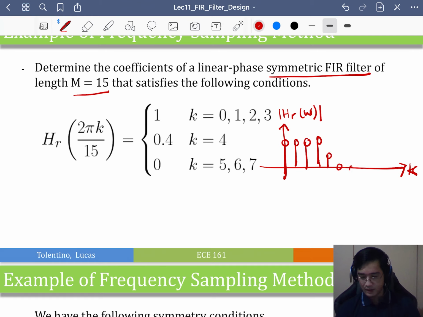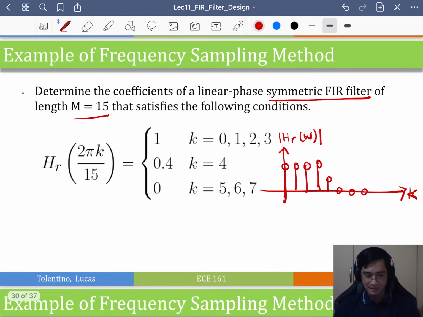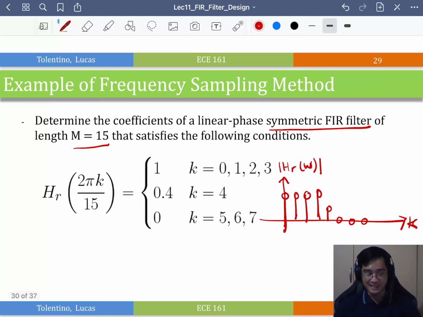And then 0 elsewhere. The rest is just the mirror image of this one. We are defining here 8 points, 0 to 7.